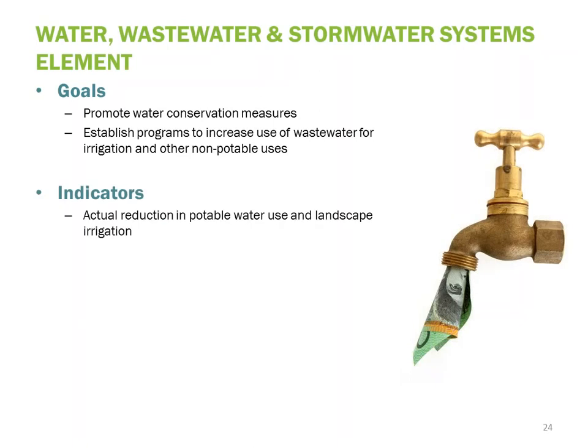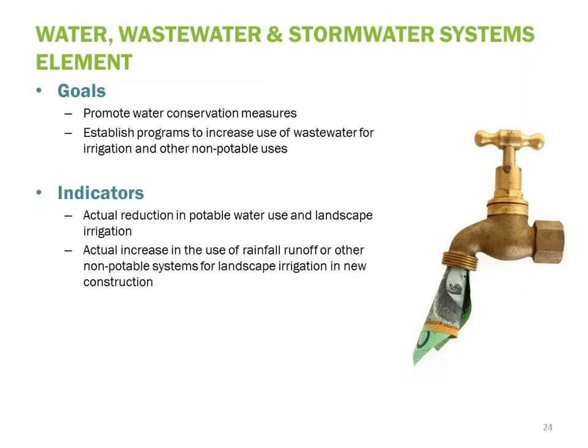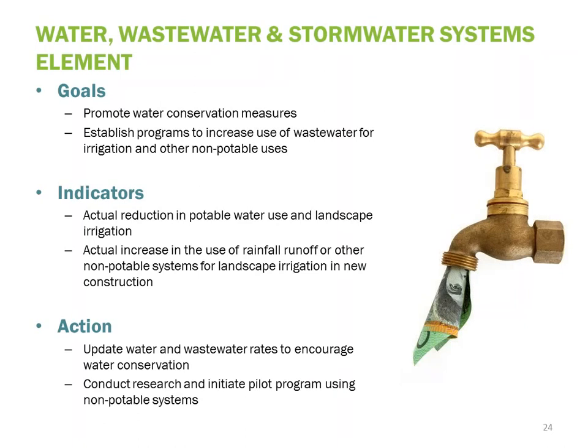Indicators would be actual reduction in potable water use and landscape irrigation, actual increase in the use of rainfall runoff or other non-potable systems for landscape irrigation and new construction. Action item, this would be update your water and wastewater rates to encourage water conservation, conduct research, and initiate pilot programs using non-potable systems.